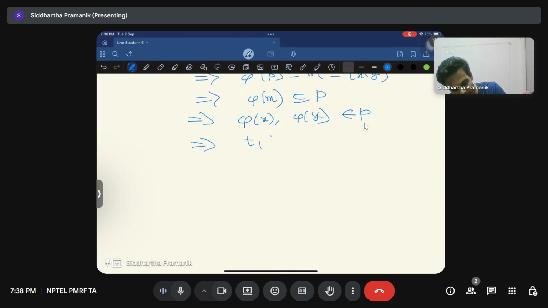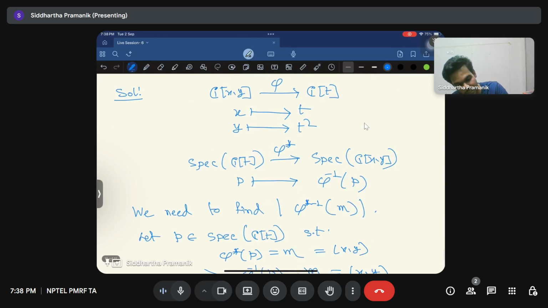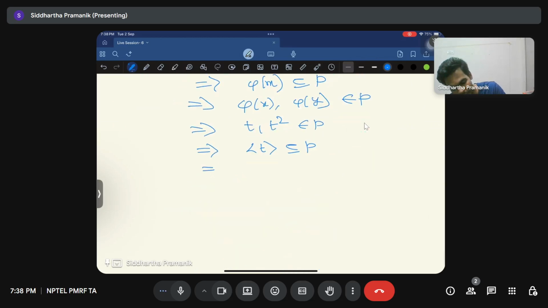It is t and it is t^2. These are elements of P. So t is in P. That means the ideal generated by t is a subset of P. But in C[t], the ideal generated by t is maximal. So the ideal generated by t is equal to P, because this is a maximal ideal in C[t].